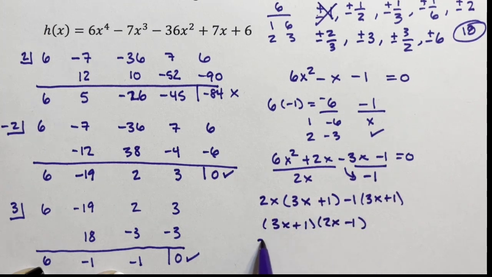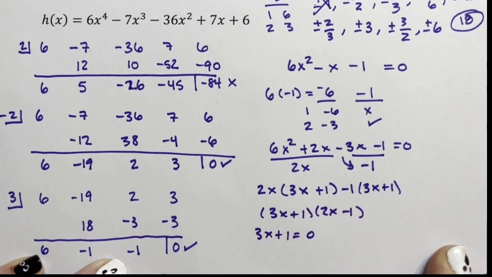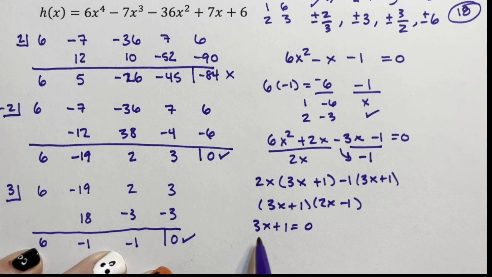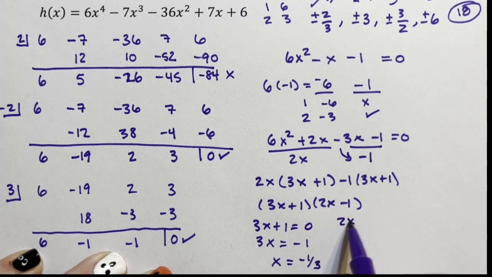All right, 3x plus 1 is 0 when 3x is negative 1 or x is negative 1/3. 2x minus 1 is 0 when 2x is 1 or x is 1/2.